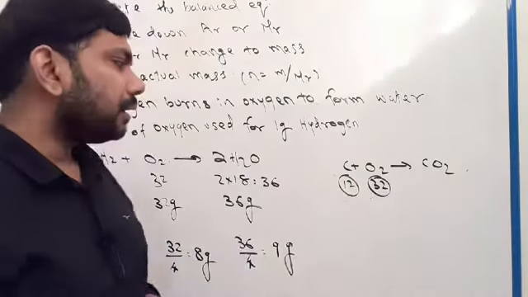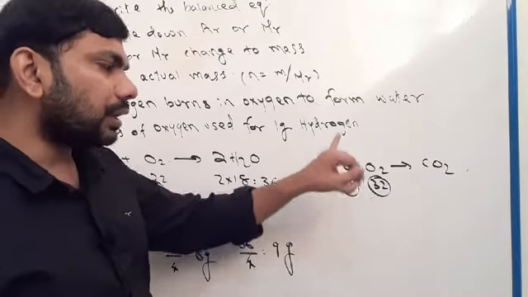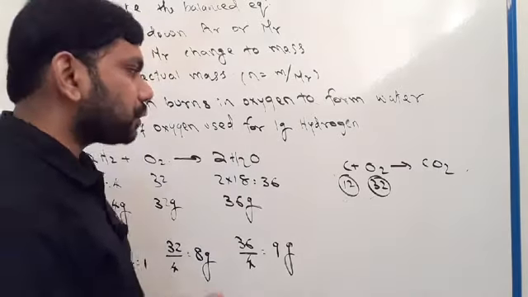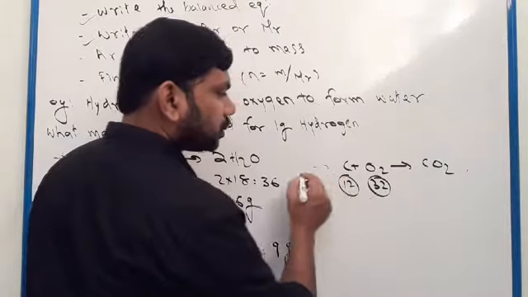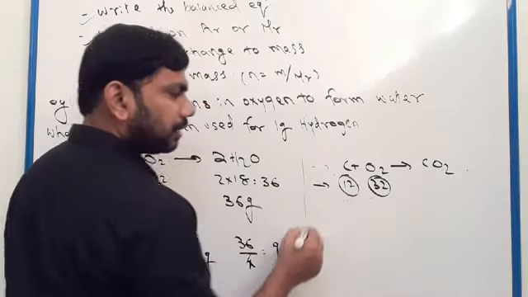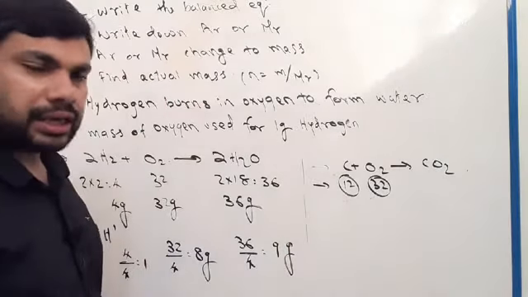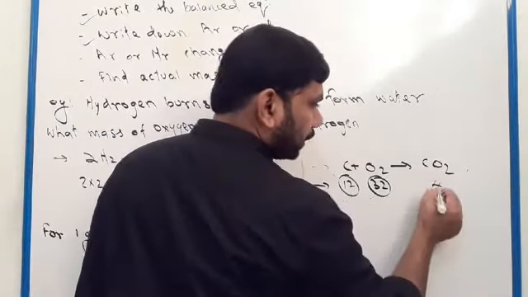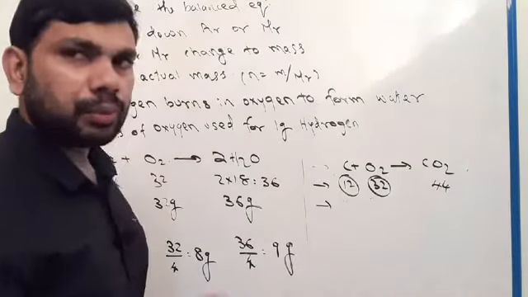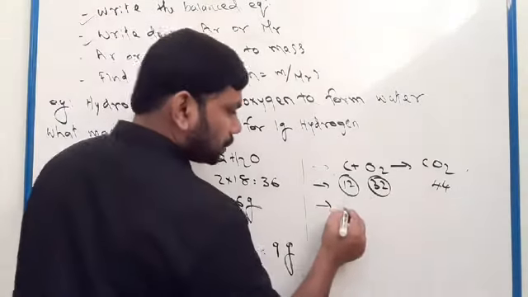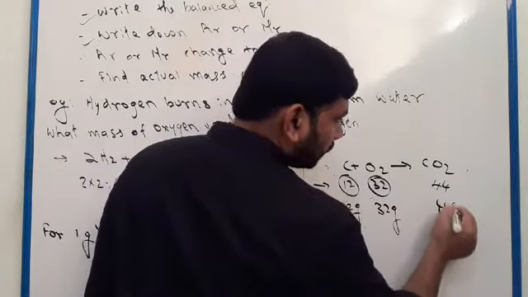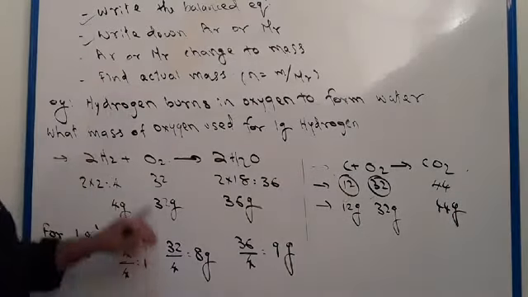Then third step, we write this relative atomic mass or relative molecular mass in gram. Carbon dioxide is 44. So here 12 gram, here 32 gram, here 44 gram. Clear?